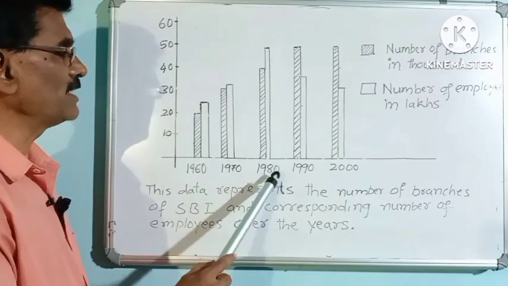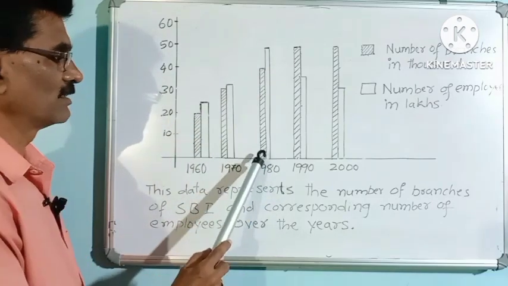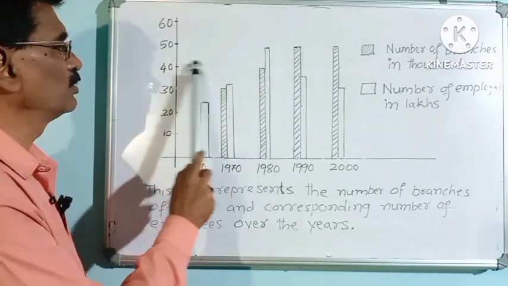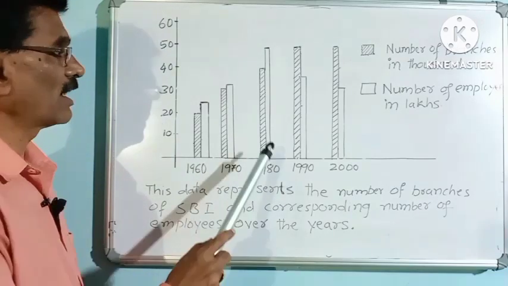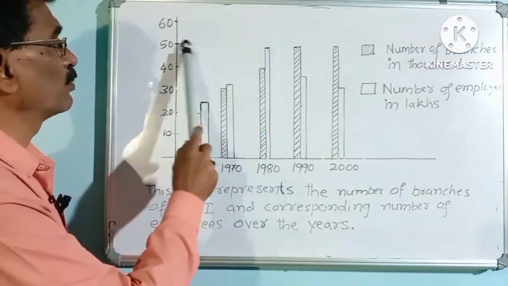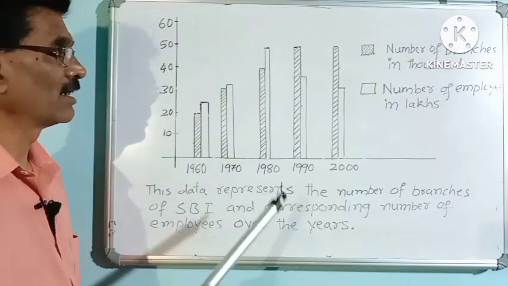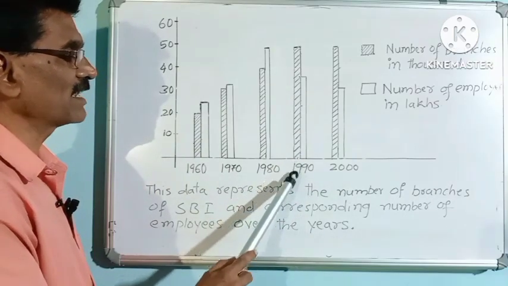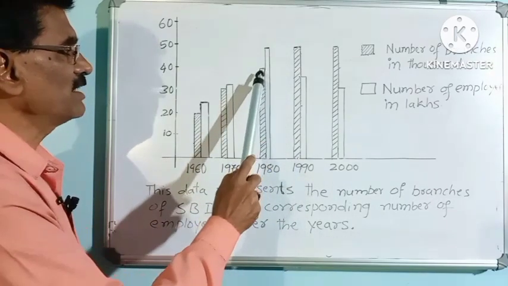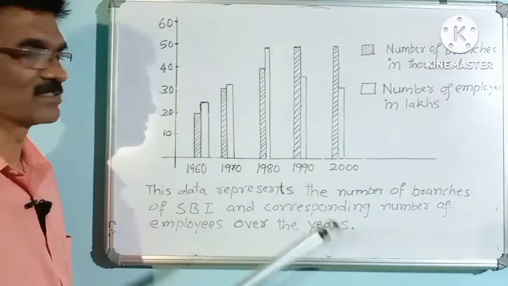And in 1980, again there is an uptrend. This also increased to 40,000 branches and the number of employees went up to 50 lakhs. And in the next decade, that is 1990, we see that there is an increase in the number of branches.